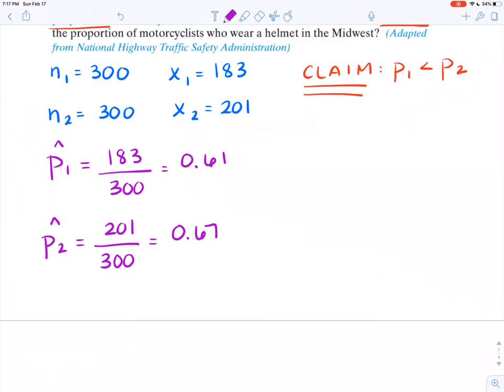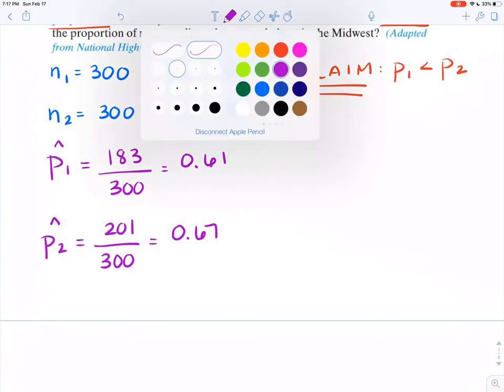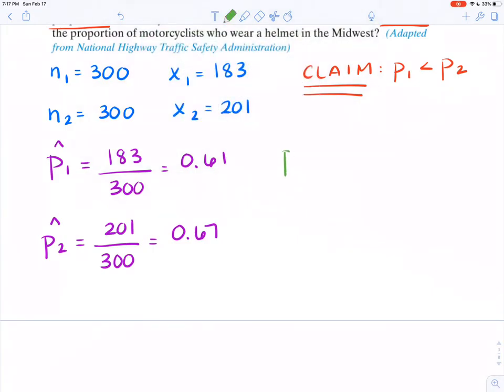Now, to run this test, we are going to need to calculate a new value, and this is going to be that weighted value for the proportion, p-bar, and it is calculated by taking the number of successes in each group, adding those together, and then doing the same thing with their sample sizes as well. So x1 plus x2 divided by n1 plus n2.